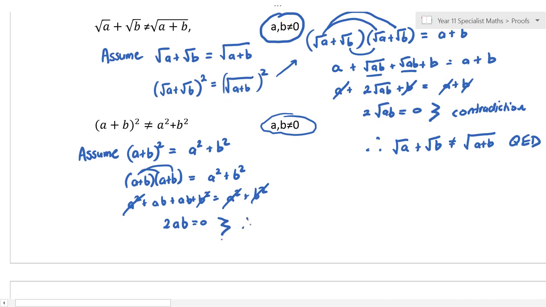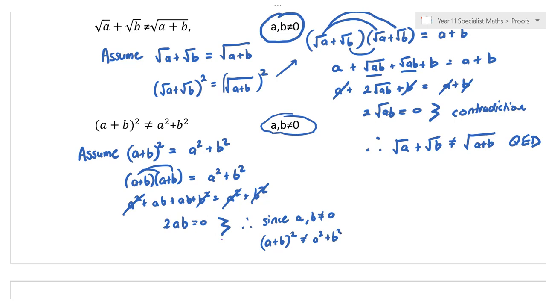So since A and B cannot equal 0, we've just proven by contradiction that A plus B all squared does not equal A squared plus B squared. Does that make sense?